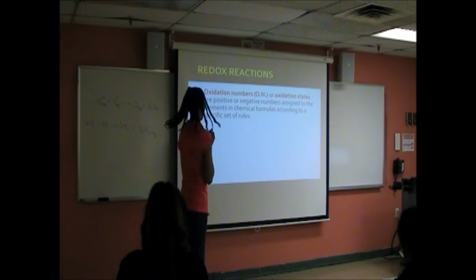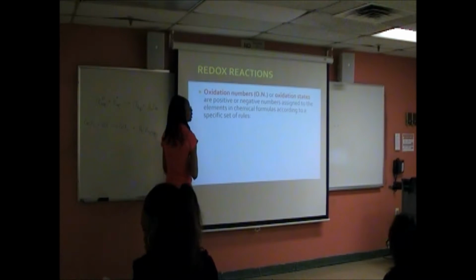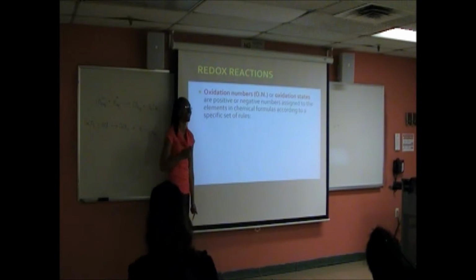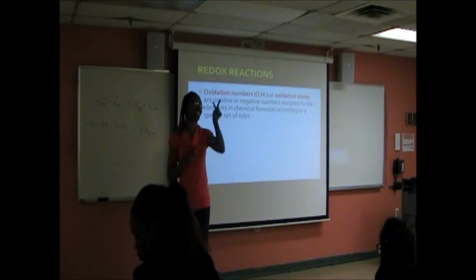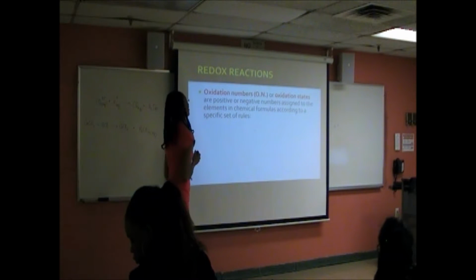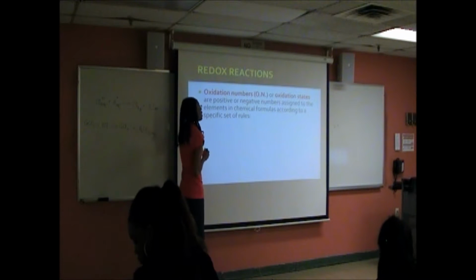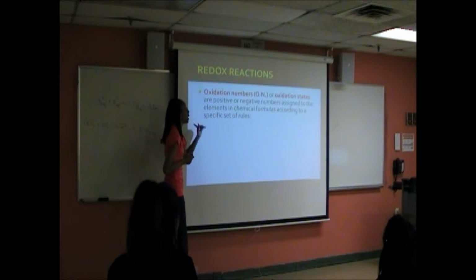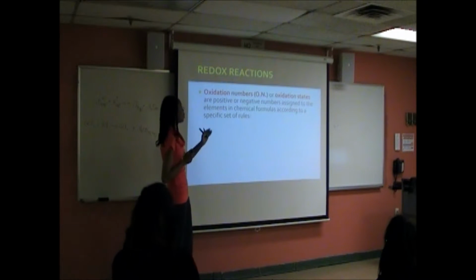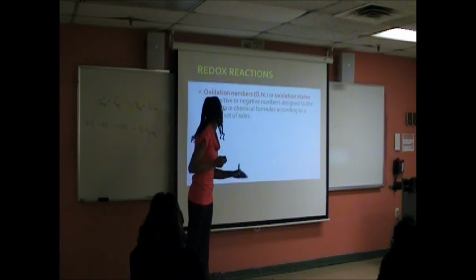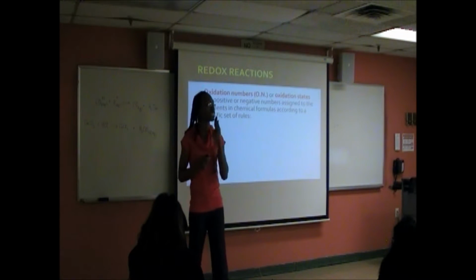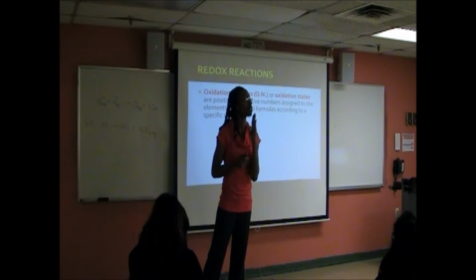Nice segue. Okay? Oxidation numbers or oxidation states. Oxidation numbers are positive or negative numbers assigned to your element in a chemical formula according to 7 rules that you must memorize.